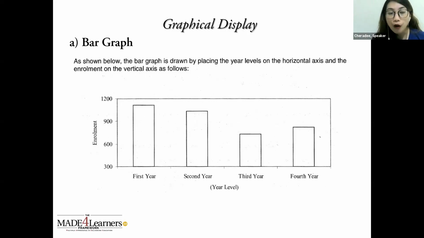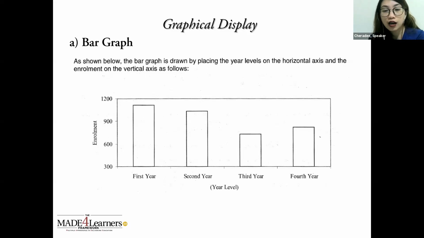To compare among categories. Example, you want to know the level of enrollment per year level. So meaning to say, you compare first year, second year, third year, and fourth year. And with the bar graph already, you can already say that the highest is the first year, no?